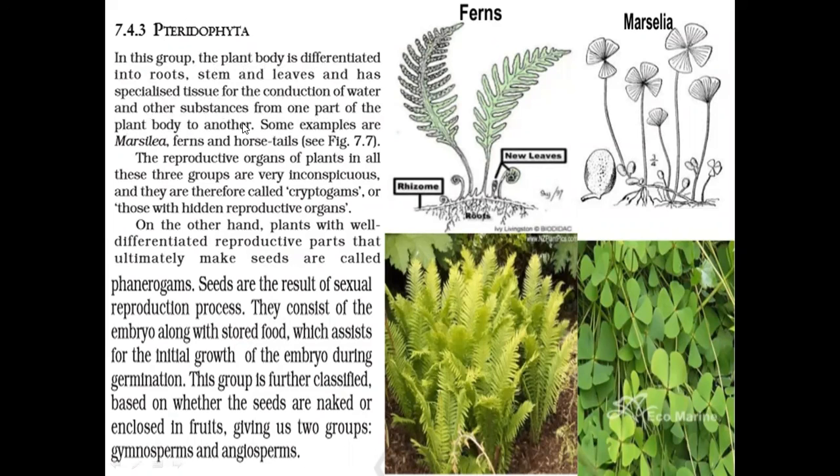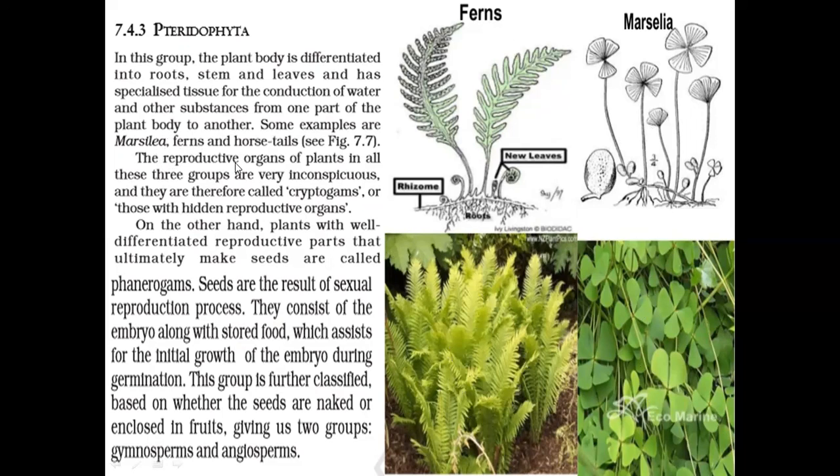So here we have plants which have roots, stems, leaves, etc., and there are also vascular tissues present. The examples given are Marsilea, ferns, and Equisetum. Here you can see ferns, and this colored picture is Marsilea.